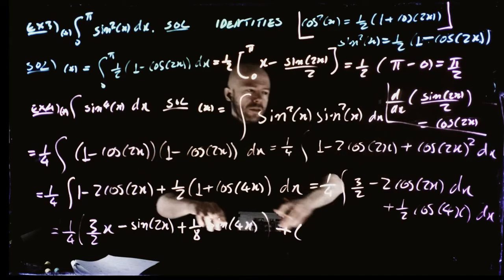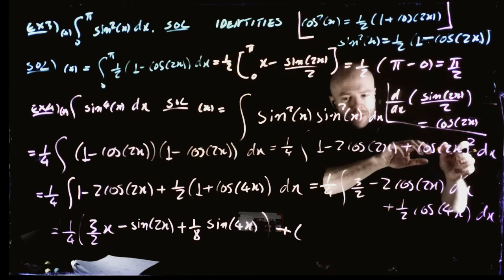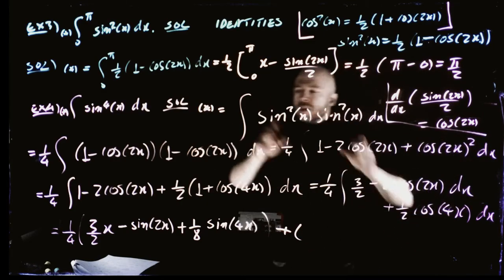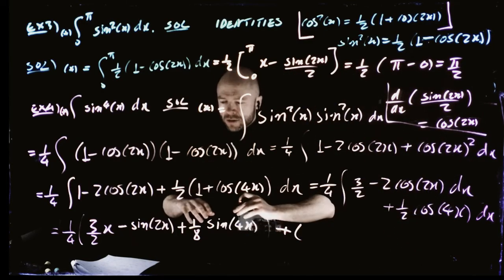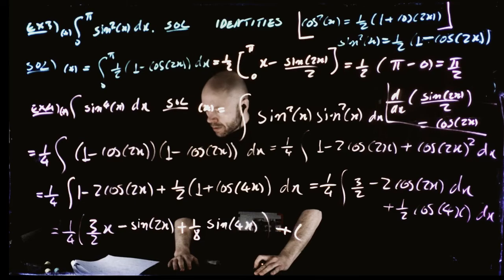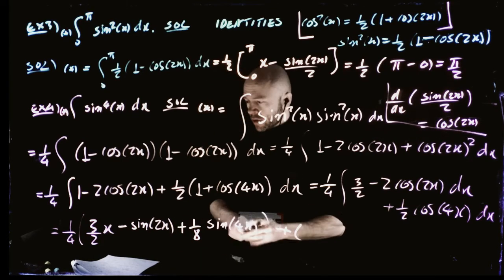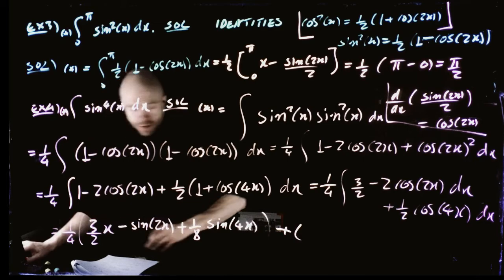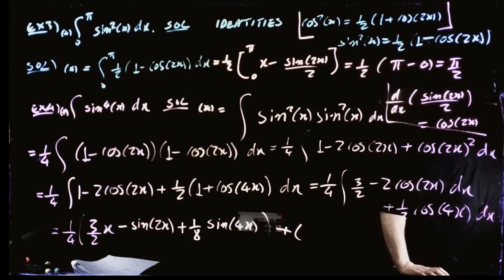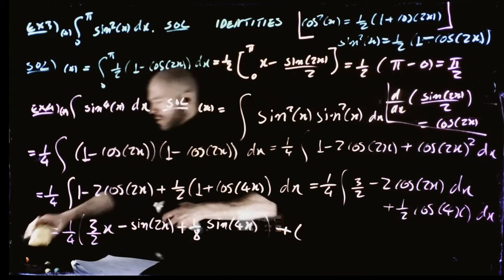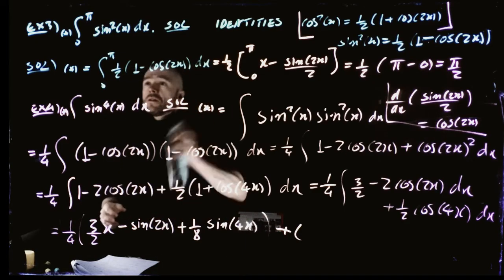We do it one step. We still have one cosine squared type power left. Do it another time. We get back to here. And then it's all good. It's all sorted out. Yeah? Cool. All right. So from this, we are in a position to develop a general strategy for sines and cosines.